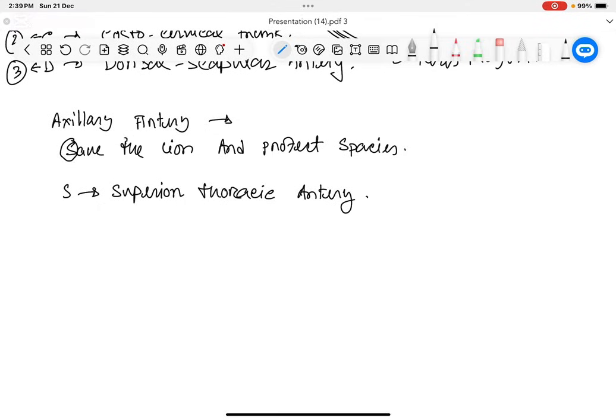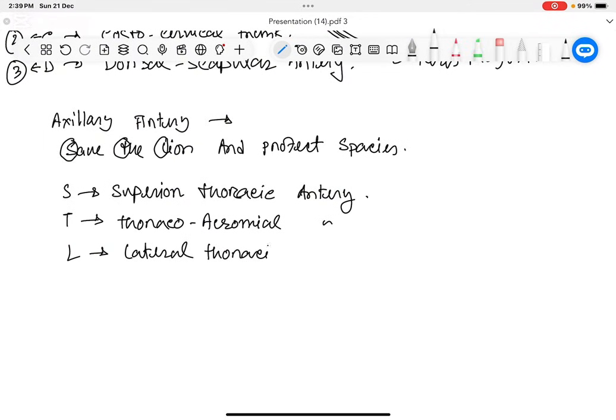Then T for thoracoacromial artery. Then L for lateral thoracic artery.